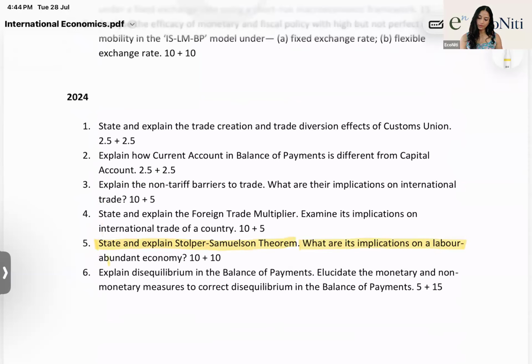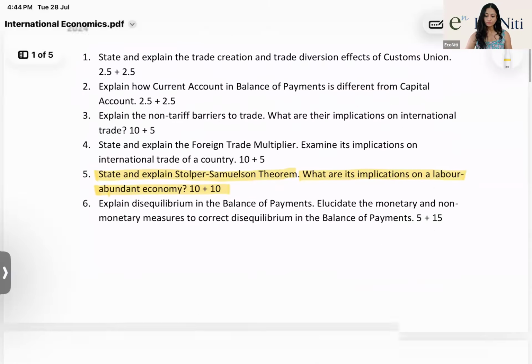What are its implications on a labor abundant economy? Question number 20. You have to explain the entire theorem and also its proof. Then you will also link it to the Heckscher-Ohlin model, right? And after that the second part of the question, the implication on a labor abundant economy. You should not stop there either. Which is the labor abundant economy? We. So how it is relevant for India, that also needs to be discussed. Remember, in the PYQs we are only looking at patterns, we will discuss in the next session.